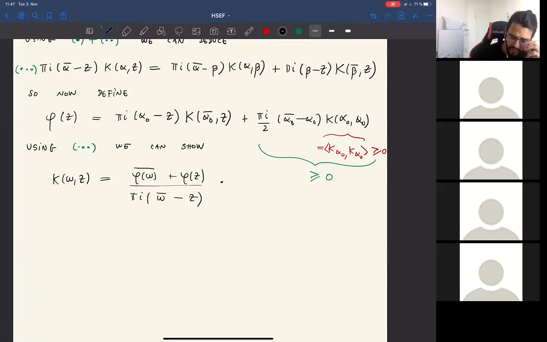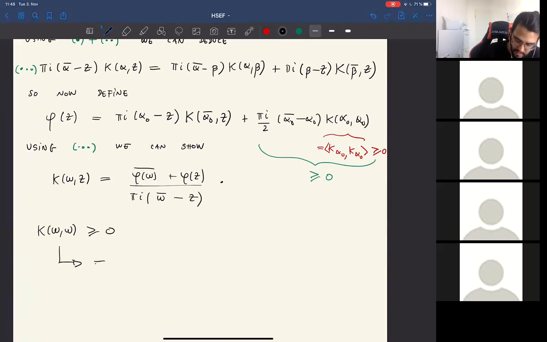So now, great, you just decomposed your kernel in the shape you wanted. This thing I just said is positive. So once we take the real part, then you just do K_{ww}, which we know is greater or equal than 0 by the same comment.